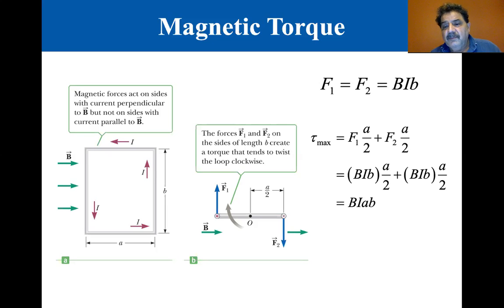So it's just BI a b. Well, what is ab? That's the area. So the torque is equal to the magnetic field B times the current I times the area of the loop, the area of this square loop.